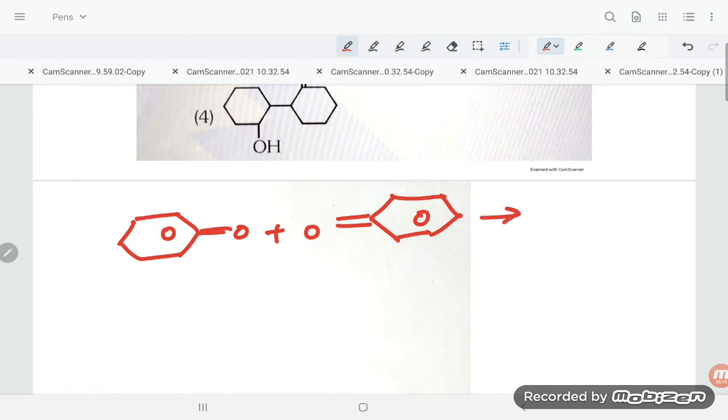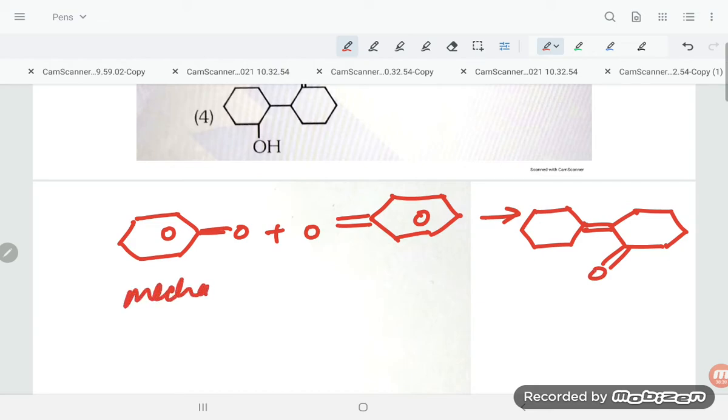How can we get the product here? Let us try to have the mechanism, students. What is the mechanism of it?